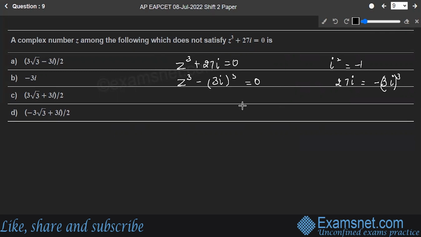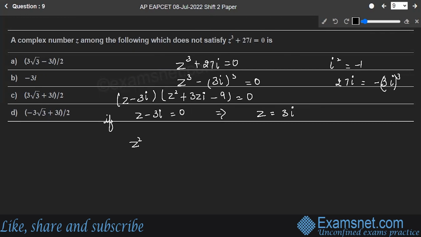Like this. Okay. So now for the solving, this is a cube minus b cube, which can be written as z minus 3 iota into z square plus 3 z iota minus 9 is equal to 0. If z minus 3 iota is 0, this gives you z is equal to 3 iota.